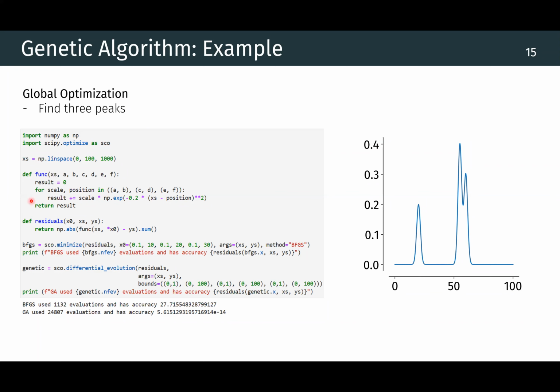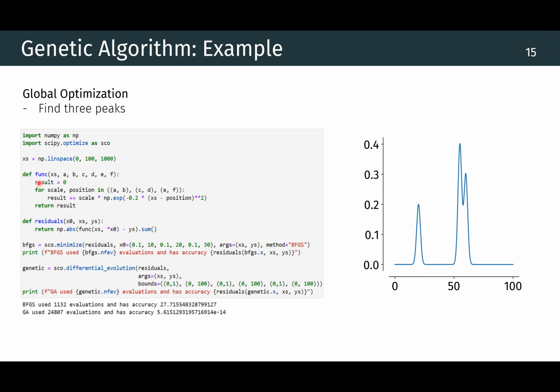Here we have a function that takes the scale and the position. The scale is the height, and the position is the x-axis value of each of those peaks. Say we have the positions B, D, and F, and we have the heights A, C, and E. And we calculate just the regular Gaussian centered with some line width around this individual point.